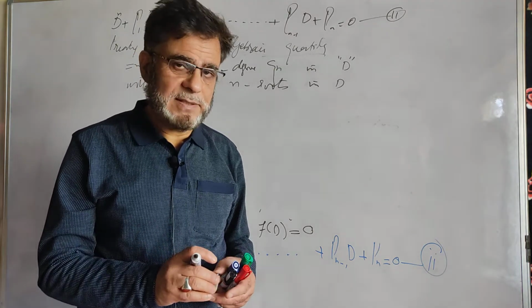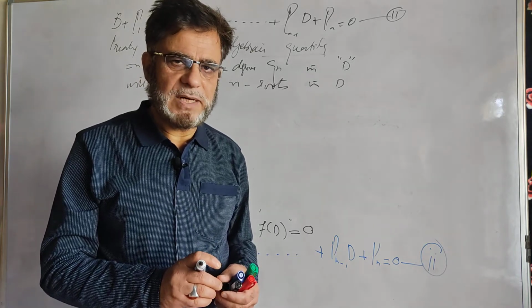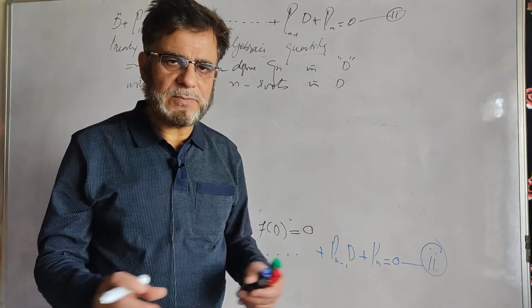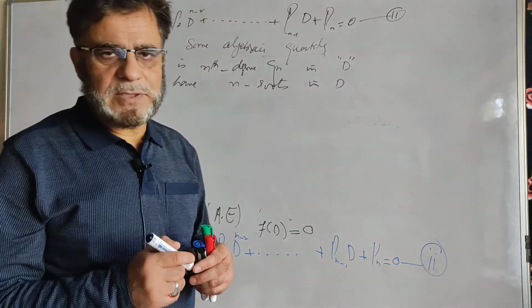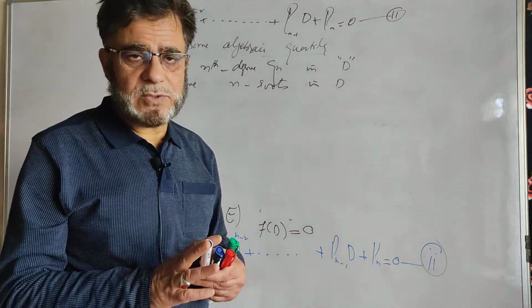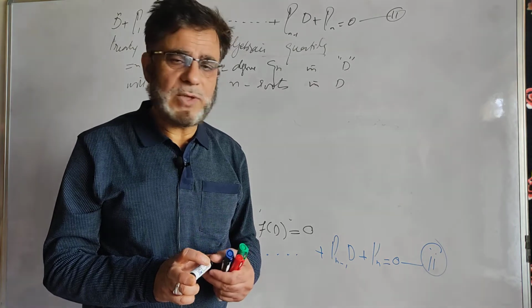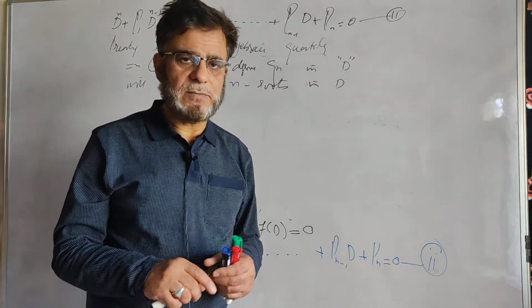We will discuss these three things here. Otherwise you can directly remember the formulae: how to find the solution when roots are all different, when some roots are repeated, and when roots are complex. Finally you have to remember them directly, but I am just giving you an informative lecture on how it comes.